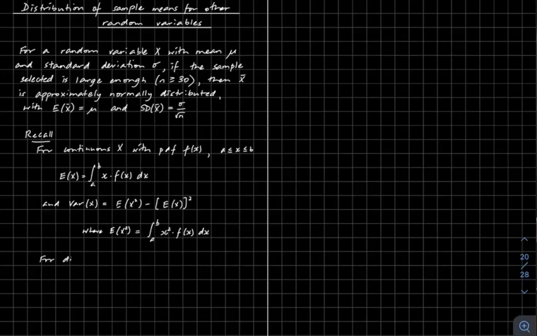What about for a discrete variable x? If I had a discrete variable x, then E of x is going to be equal to, remember this time we multiply each of the individual outcomes by the probability of them occurring.